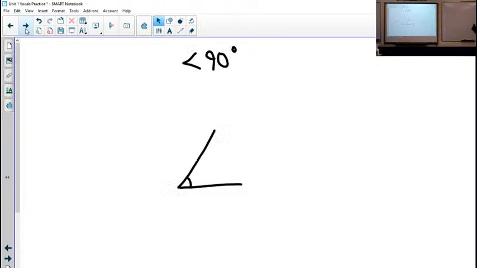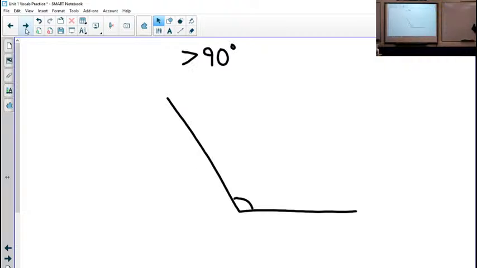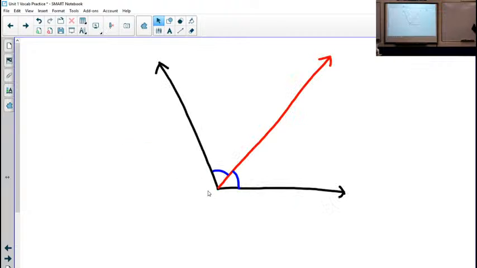Less than 90: acute, little angle. Right angle. Obtuse, it's bigger than 90. Congruent. Anytime you see these symbols or markings in a diagram, you should jump to congruent. Bisector, splits in two pieces.